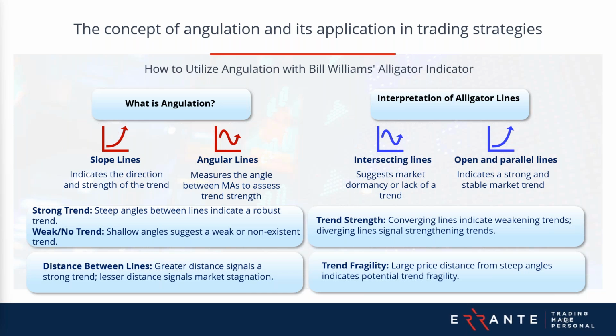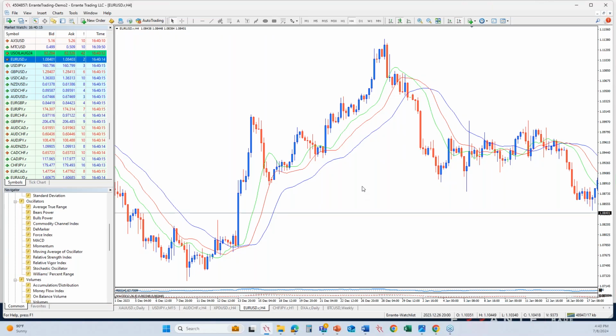So monitor the degree of angulation to gauge the strength of the current trend. Use it to adjust your trading strategy, such as tightening stop loss orders in a weakening trend, or adding to your position during strong trends.